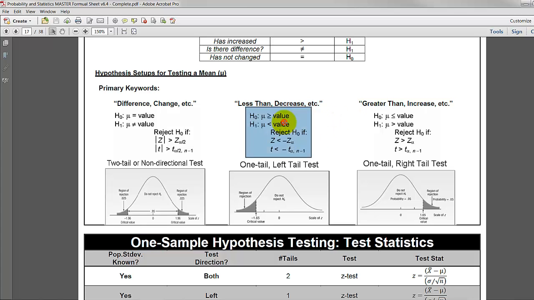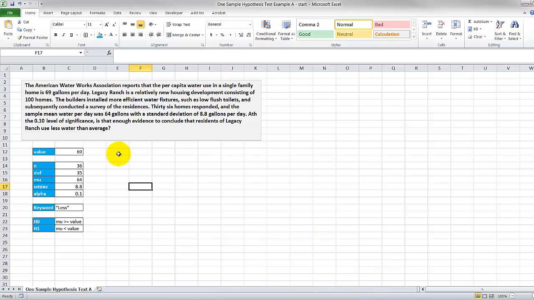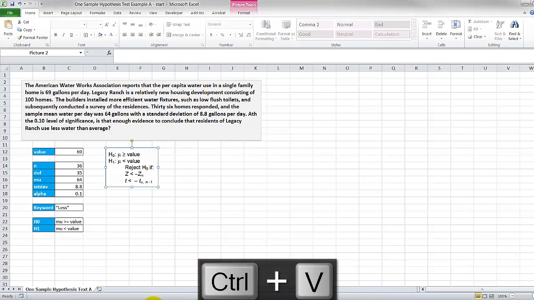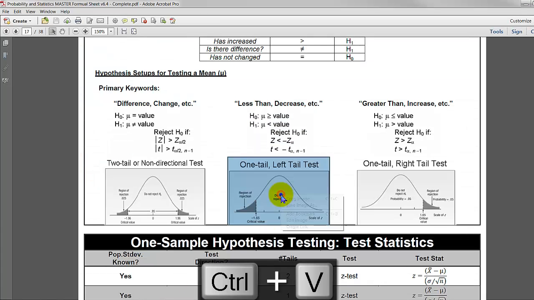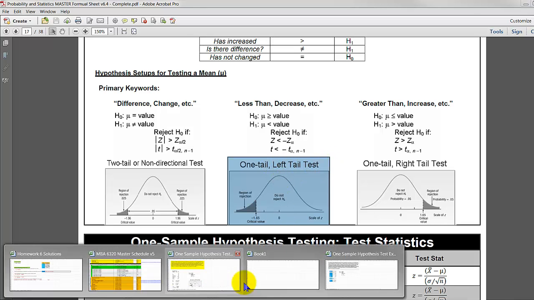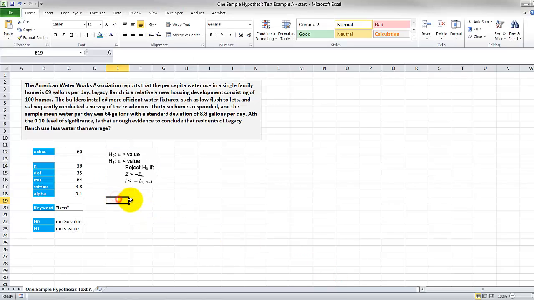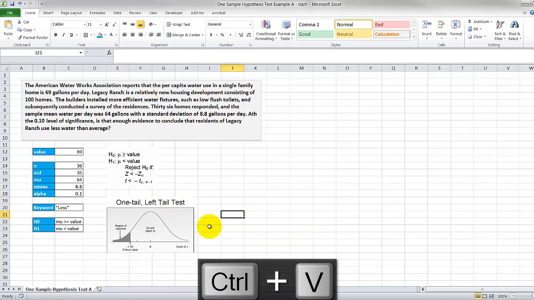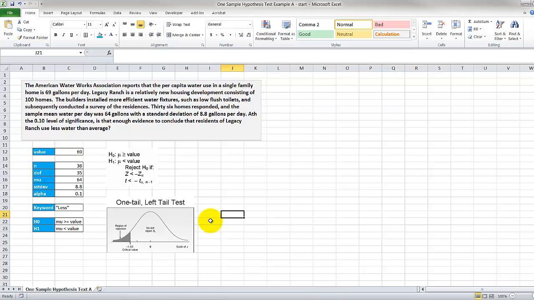So if you need to copy these things, you can actually click on these, copy image, and I've seen some students do this in the past, that they'll simply paste these notes right by their problem. So you can actually copy this too. The one-tailed, left-tailed test is exactly what we're doing in this problem. So let's go ahead and paste that information. So it's very clear what we're actually striving to solve.